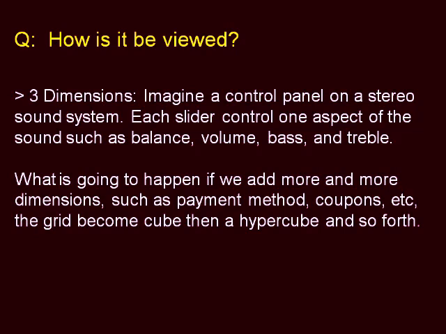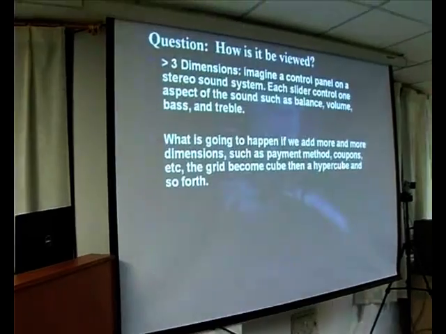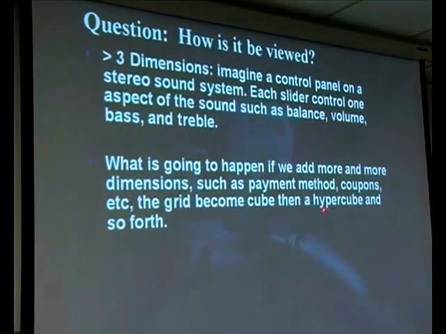So what is going to happen if you add more and more dimensions such as payment method, coupons, etc.? The grid becomes a cube. That means if I add payment method to the location and product dimensions, it is a 3-dimensional cube. If coupons are added, it then becomes a hypercube, which we call 4 dimensions in this case, and so forth.